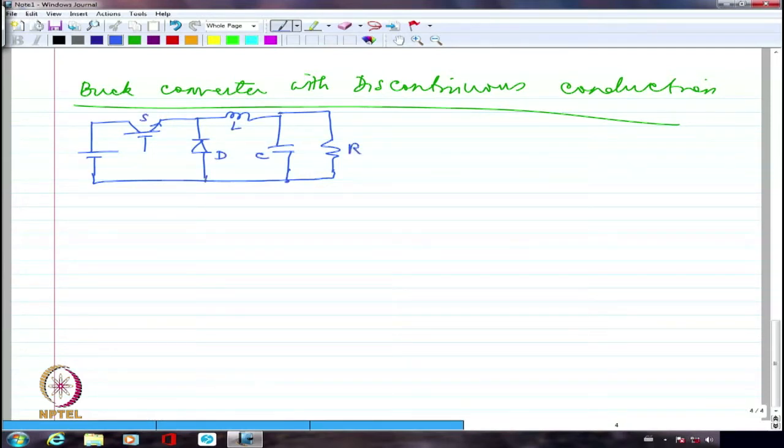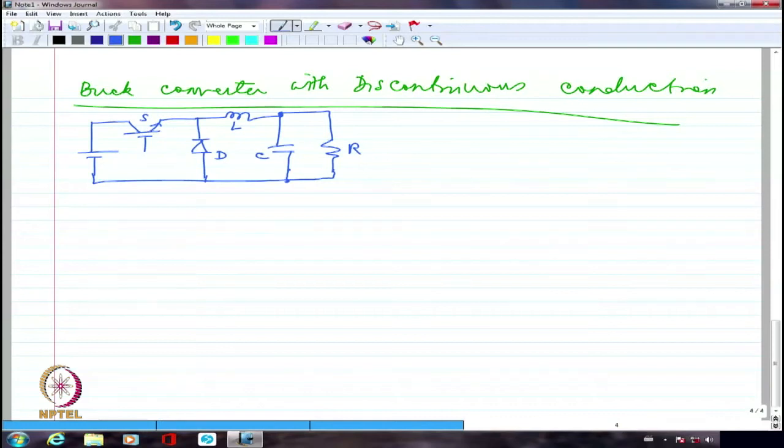Right? So we said that when the switch is on, we are going to have inductance accumulating energy. Maybe we have not kept the switch on for long enough so that the inductance energy could be accumulated, so that it can drive the current for the entire duration, or maybe the input voltage is not large enough. That is also a possibility.